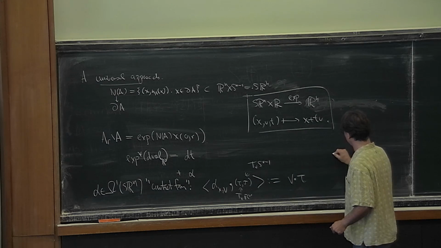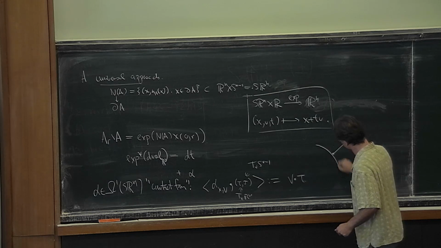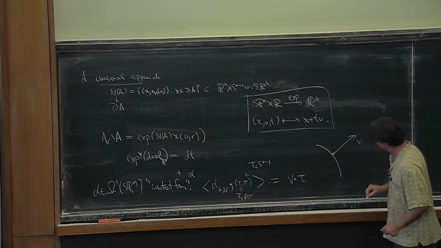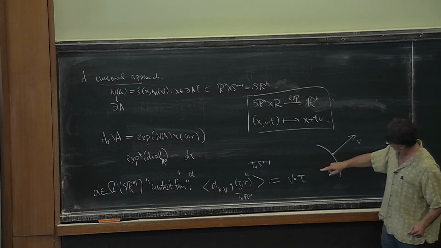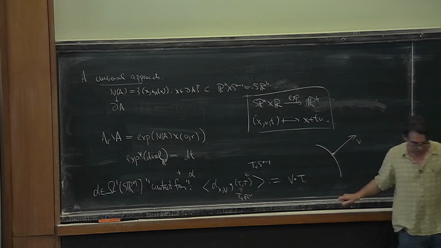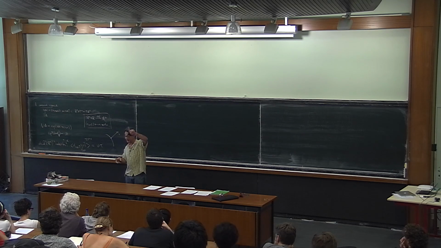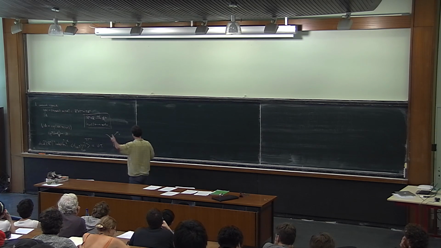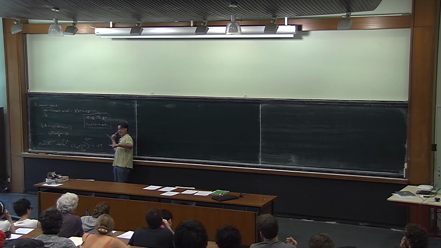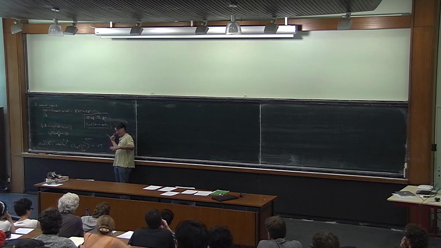So in other words, the picture is as follows. Here's v. This one form measures infinitesimal displacements inside the sphere bundle. So it's like an arrow, and a tangent vector to the sphere bundle is such an infinitesimal displacement.